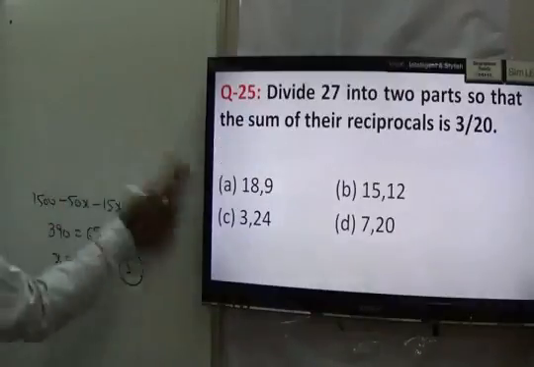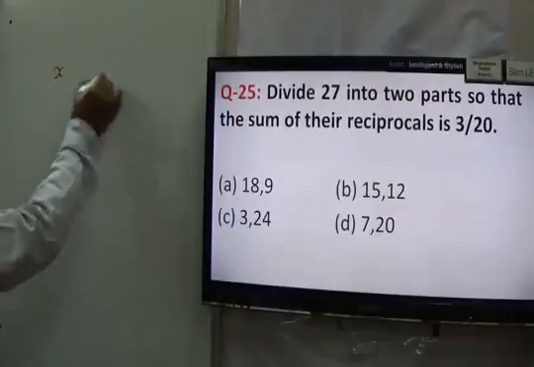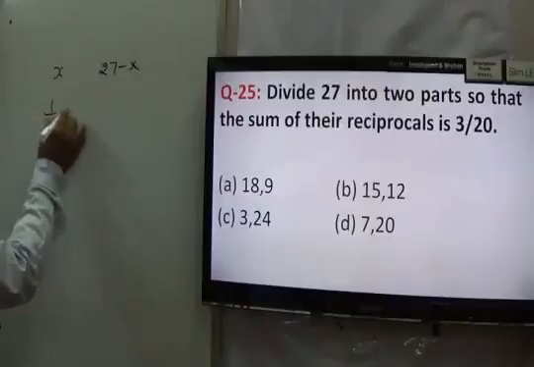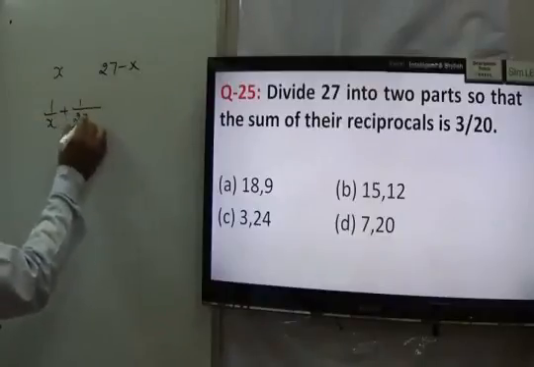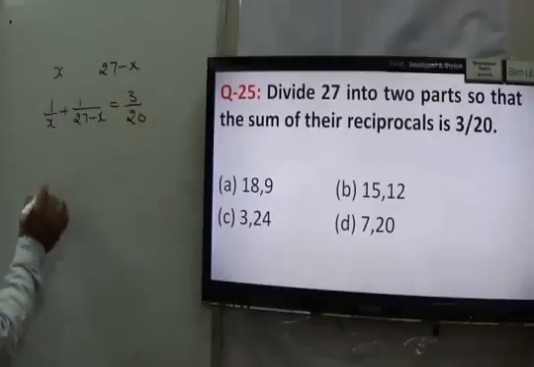Next we have question number 25. What does this talk about? Divide 27 into two parts such that the sum of the reciprocals is 3 upon 20. So let us assume that one part is x, the second would be 27 minus x. The sum of their reciprocals: 1 by x plus 1 by 27 minus x equals 3 by 20. We have to take the LCM and solve it.